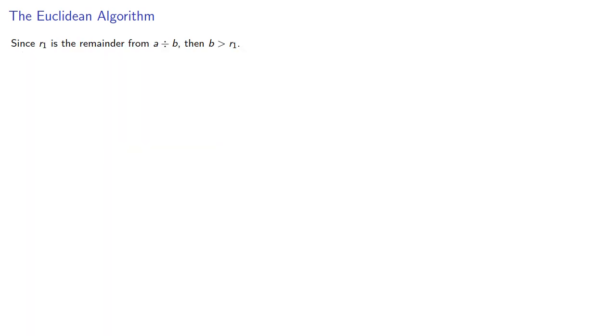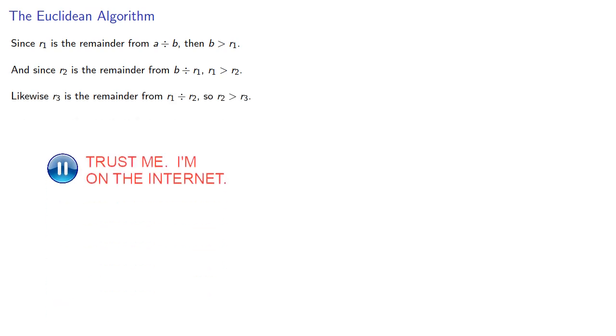Since R1 is the remainder from A divided by B, then B has to be greater than R1. And since R2 is the remainder from B divided by R1, then the remainder has to be less than the divisor. And likewise for R3.